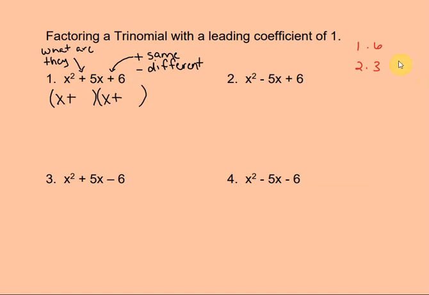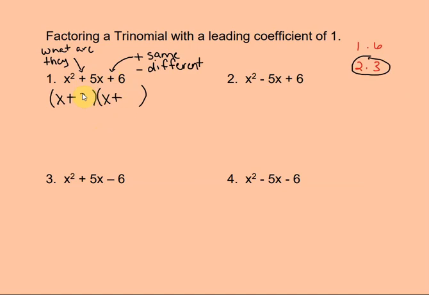Now I need to figure out which ones I want to use. Because my signs are the same, that means I'm going to be adding my factors. I can also just look at this sign and that'll tell me what I'm going to be doing with my factors. This is a plus sign, so I know I'm going to be adding them. So which one of the factors of 6, 1 and 6, or 2 and 3, would add to give me 5? 2 and 3.